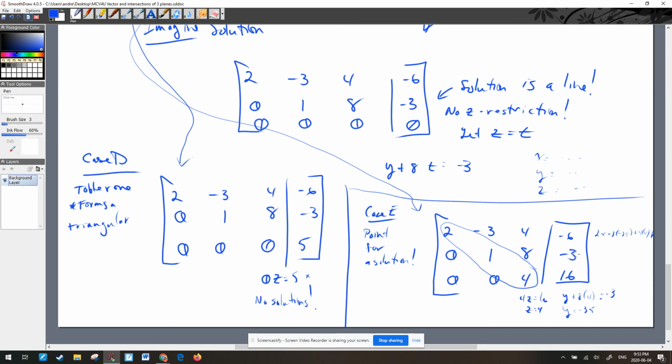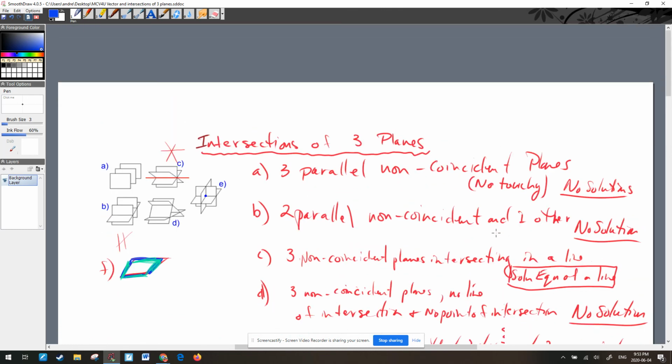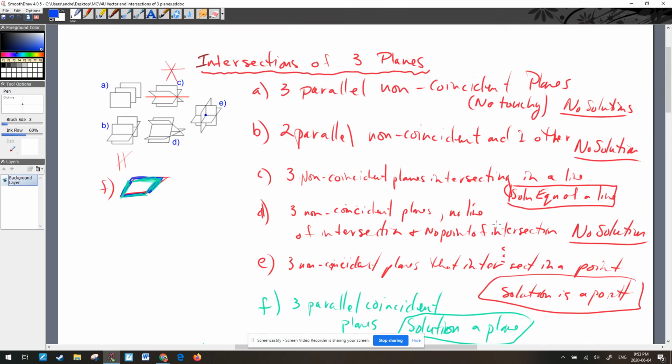So those are the end positions that you would get to. As an exercise for yourself, it would be really productive to make a little legend that says: case A, how I spot it, how does it start, how does it end.